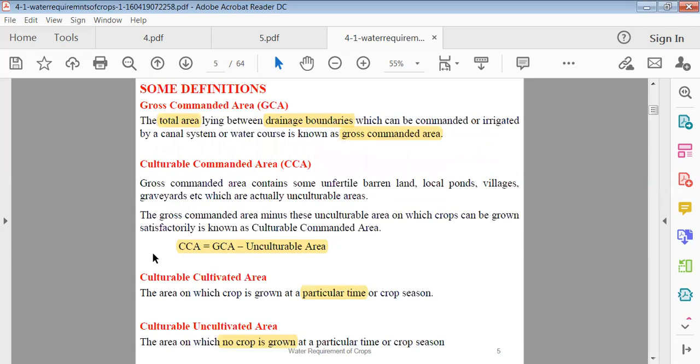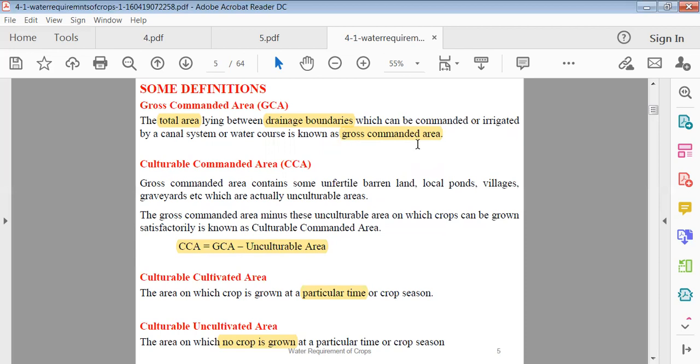Next, gross command area. Gross command area is the total area lying between the drainage boundaries that can be commanded or irrigated by the canal system or the water course.